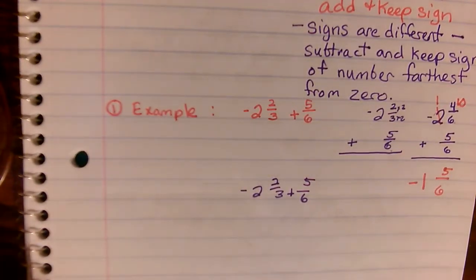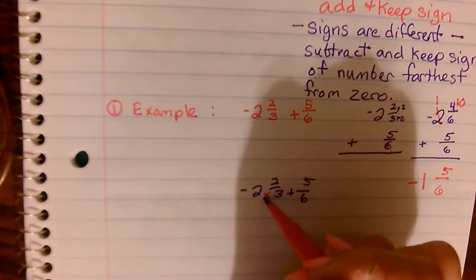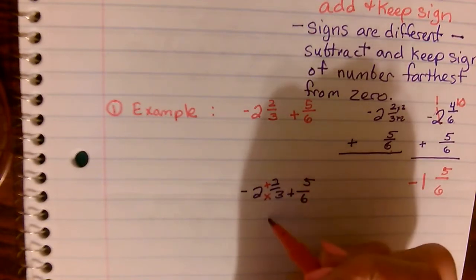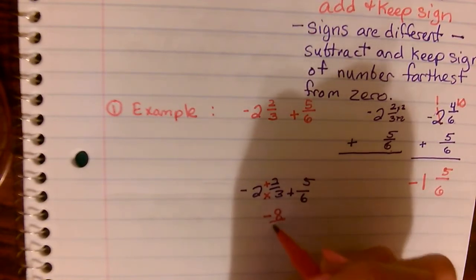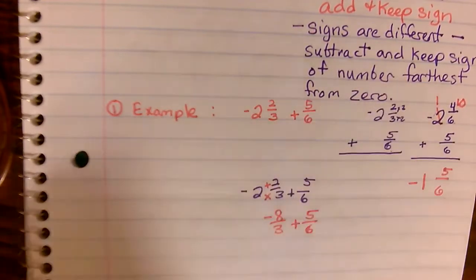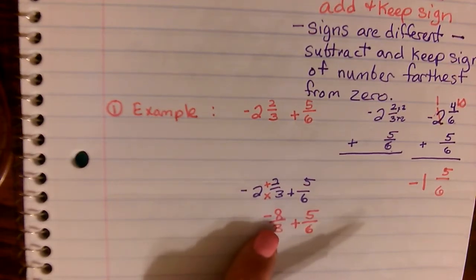I do 2 times 3 plus 2. 2 times 3 is 6, plus 2 is 8. So now I have negative 8/3 plus 5/6. This is another way to do fractions, especially if you hate making the denominators the same. I'm going to keep the negative sign with the top number.